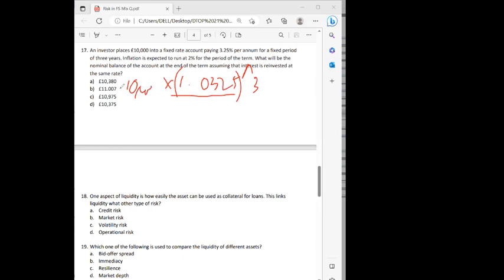You can use the calculator and see the answer comes to something around 11,000-something. The correct answer is B.